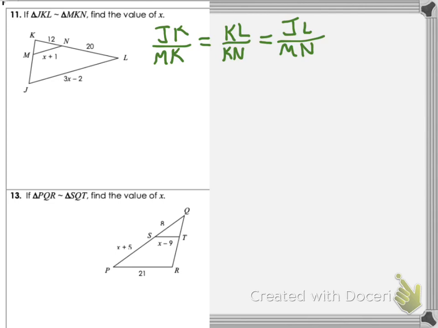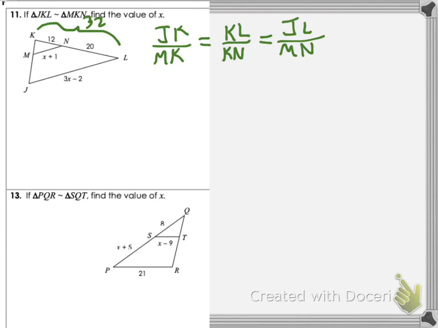So looking at our triangles now, we have a nested situation, so be careful. Like KL is not 20, it's 20 plus 12. It's that whole length. So that's 32. So watch out for that. Okay, so do we have JK? Not really.